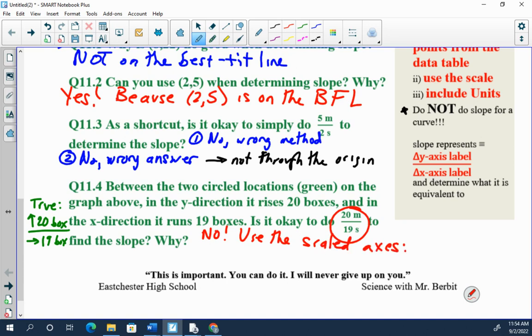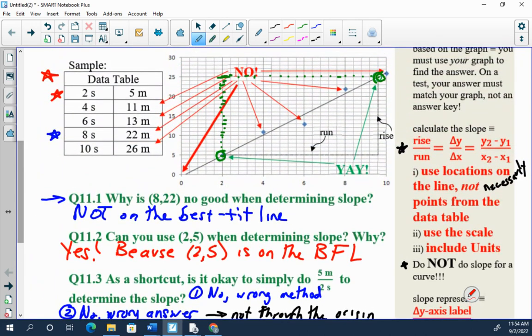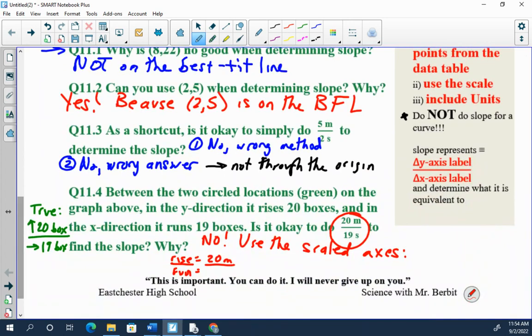In this case, the rise actually was 20 meters. But the run was not 20 meters. The run here went from 2 up to about, what's that? That'll be 9.6. So 9.6 minus 2 is 7.6. That would be the right way to get this. You can't just count boxes.